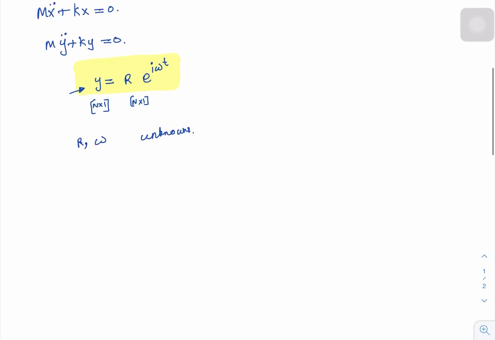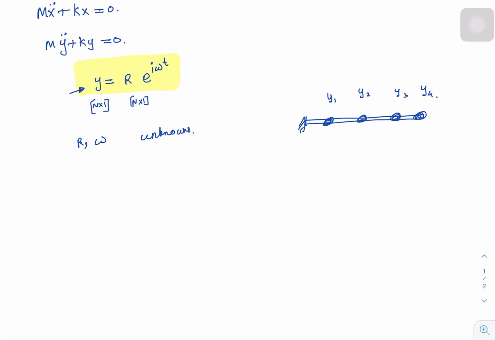Before getting into the system, I want to introduce something. Let's consider a beam, and there is a mass here and here and here and here. So this is y1, y2, y3, y4.